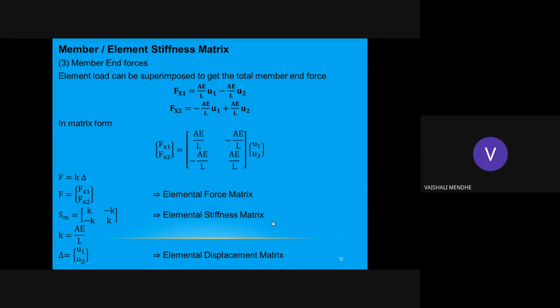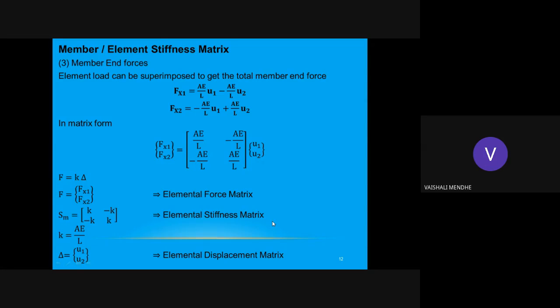Now we have to see the other two derivations. The second derivation is of the transformation matrix, and in the third derivation you have to assemble the stiffness matrix along the global or structure axis. Last class I also told you the difference between local or member axis and global or structure axis.